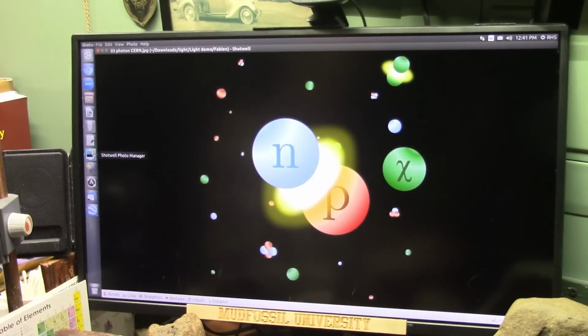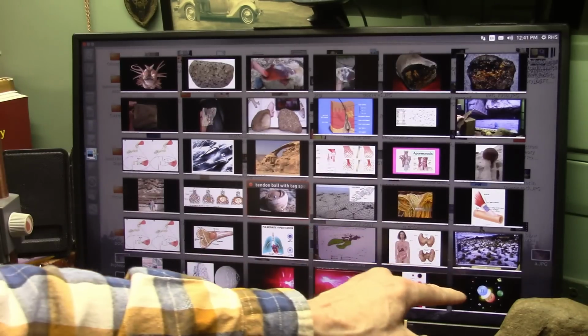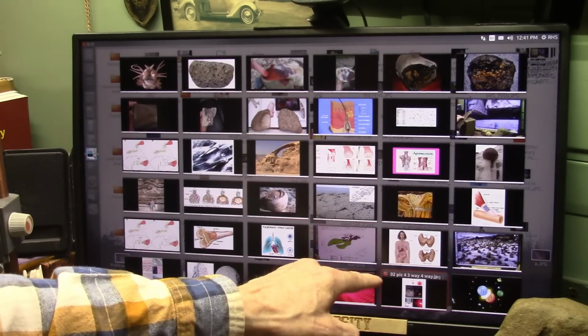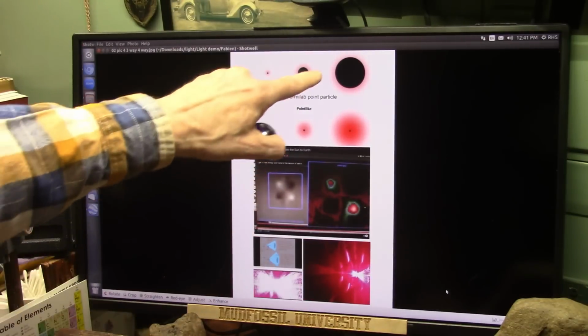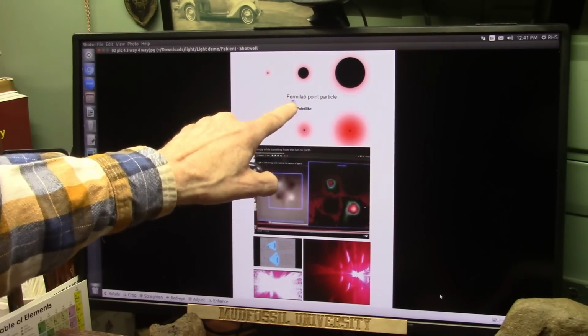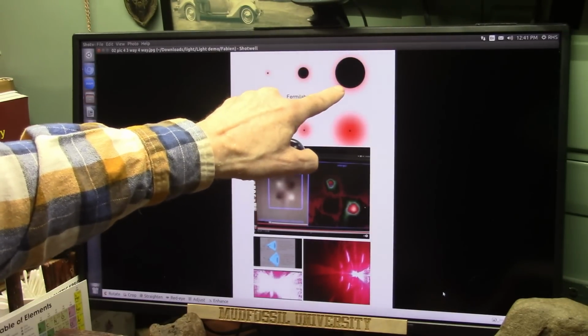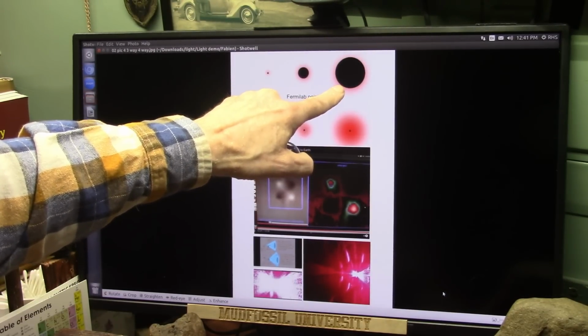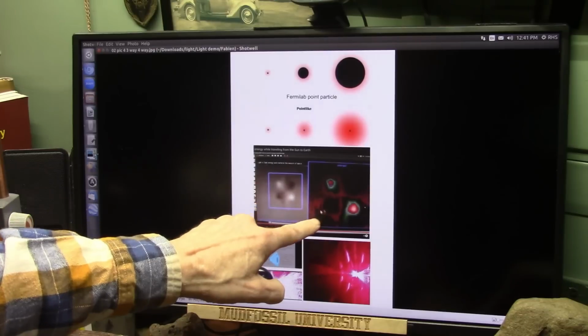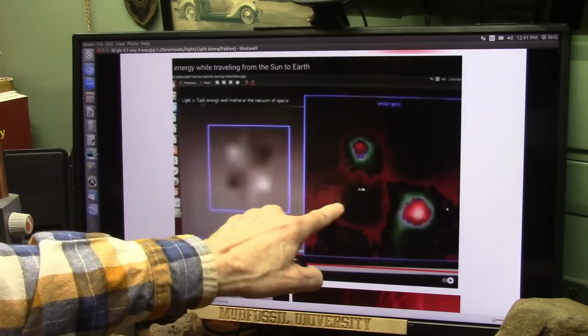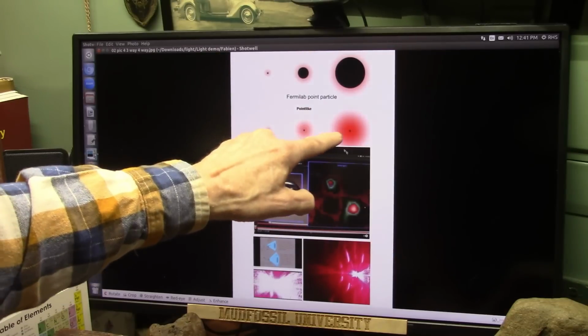They call it a particle zoo. So that was right from Fermilab or CERN, and this is what they found. These are the Fermilab pictures. Black with a colorful core around a surrounding glow, which is this right here. That's it. And the other particle is this.